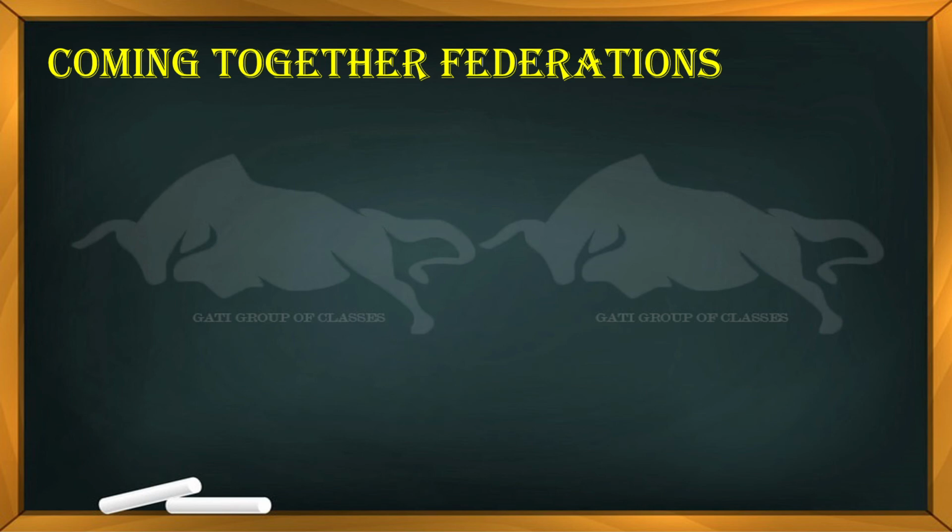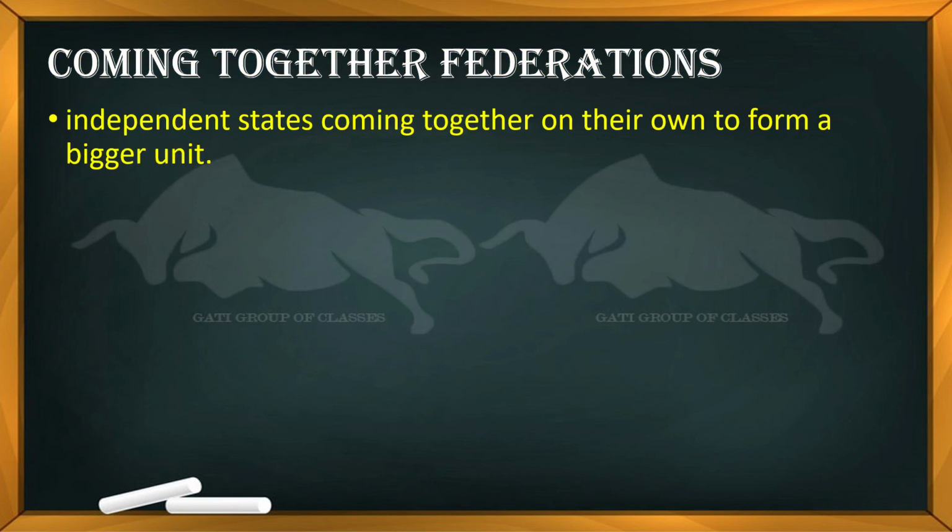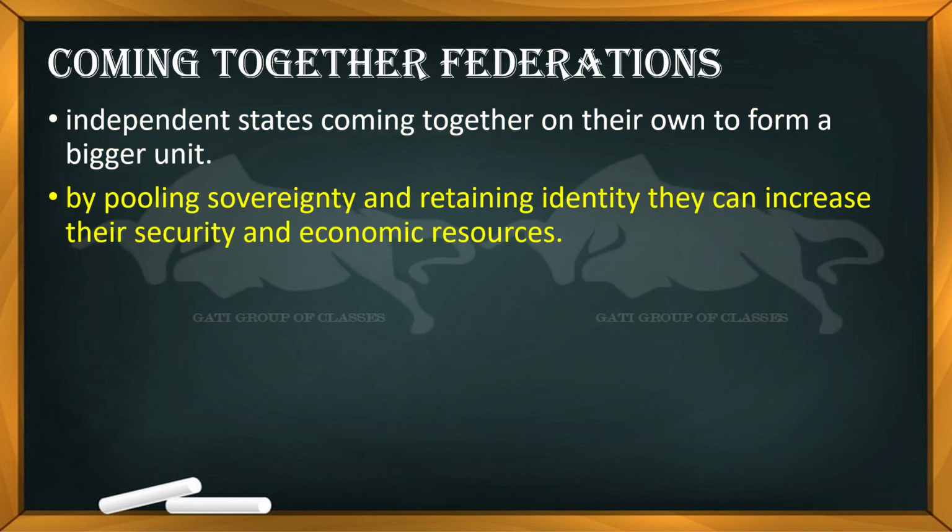There are two kinds of federation. The first one is the coming together federation. Independent states come together on their own to form a bigger unit. When independent states come together and make a bigger unit, that is known as a coming together federation. By pooling sovereignty and retaining identity, they can increase their security and share economic resources also.